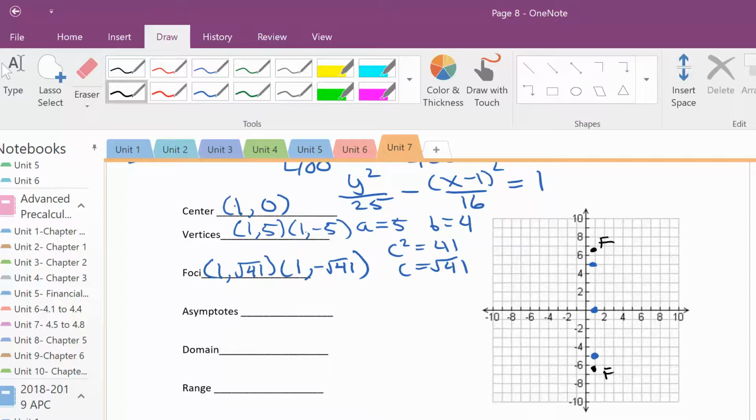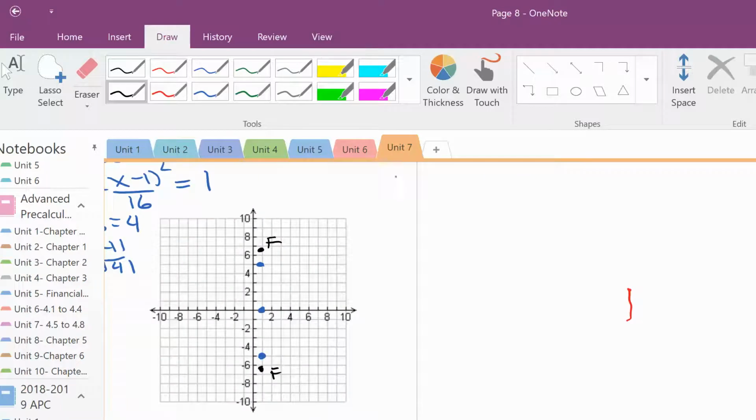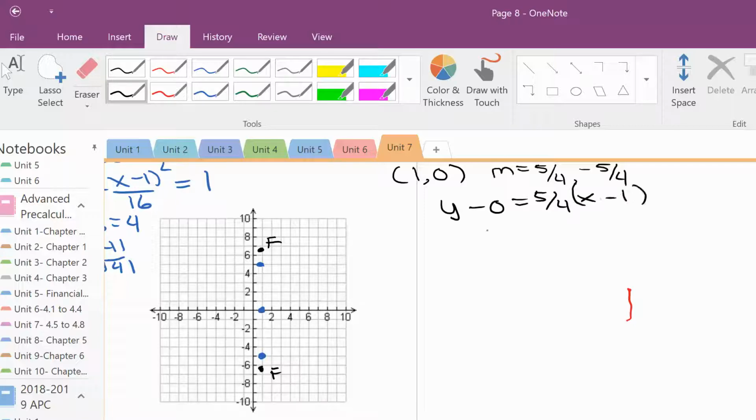The asymptotes, remember you start with the center. The center is 1, 0. And then the slope is going to be what's underneath the y over the x. So it's 5/4 and negative 5/4. So you go y minus 0 equals 5/4 times x minus 1.